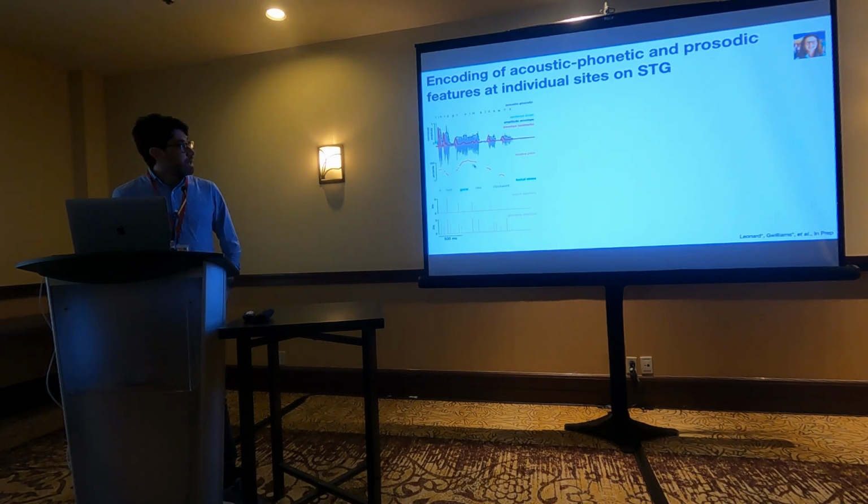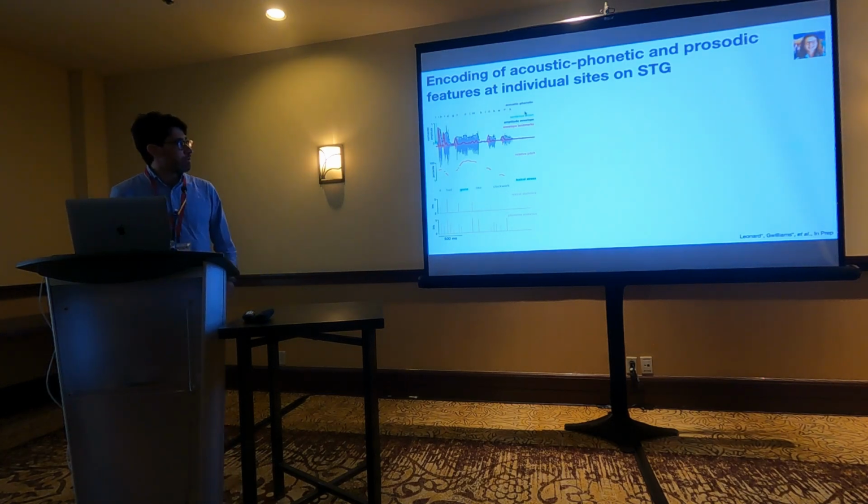We also look at the pitch of the voice, as well as some higher order features like stress, so whether a word is actually stressed, and that's of course related to some of these acoustic features, but it's a little bit more abstract. And then we also include some more sequence level transition probabilities, biphone, triphone, trigram, whatever, to see if we get any higher order encoding.